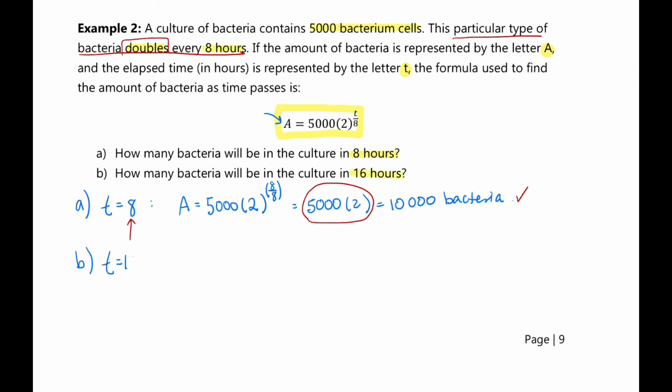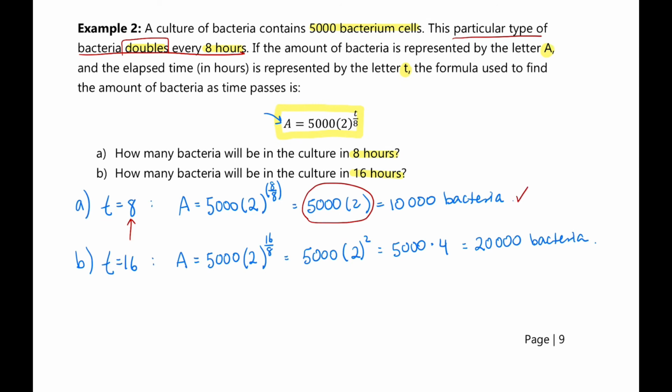T equals 16 hours, then A equals 5,000 times 2 to the power of 16 divided by 8. So 5,000 times 2 to the power of 2. So this is equivalent to 5,000 times 4, which is 20,000 bacteria.